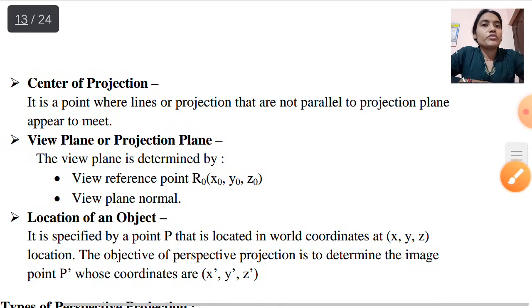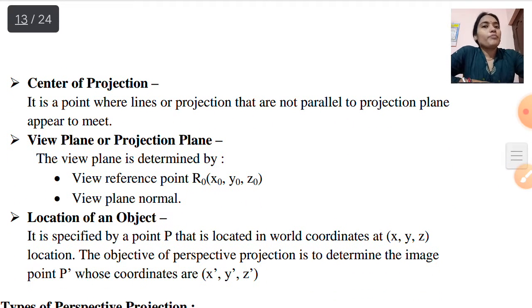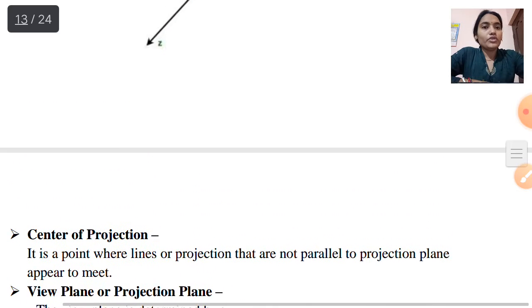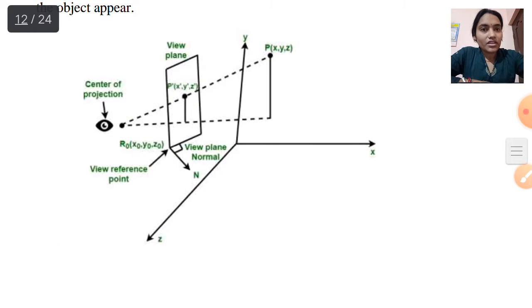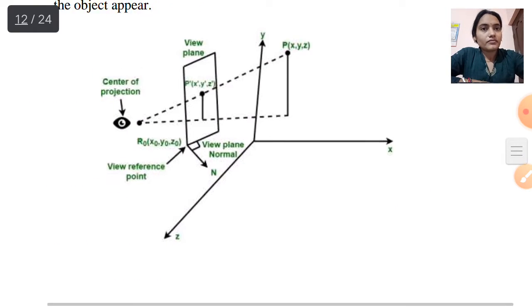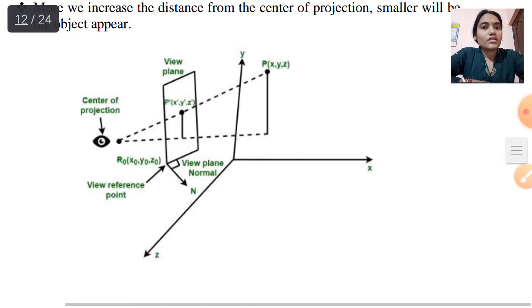The center of projection is a point where lines of projection that are not parallel to the projection plane appear to meet. And the projection plane, the view plane, is determined by the view reference point and the view plane normal. View reference point is this one, which is R0, X0, Y0, Z0.